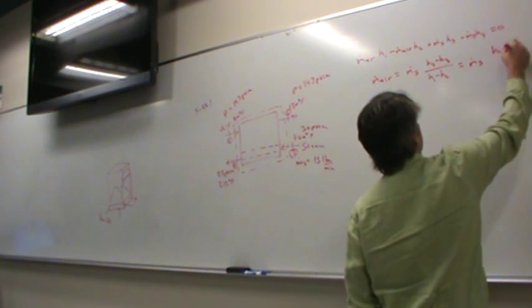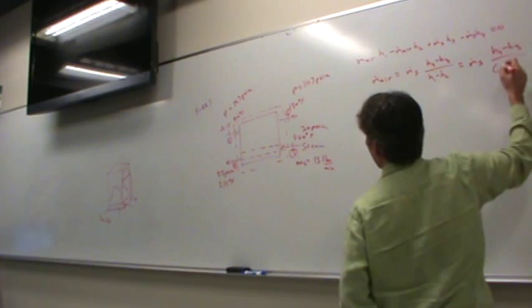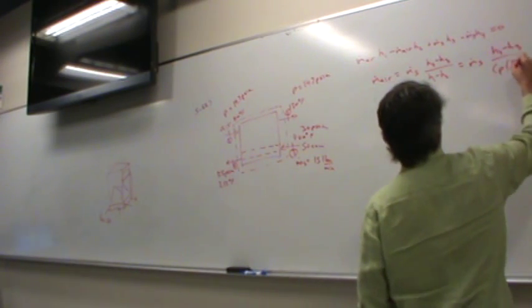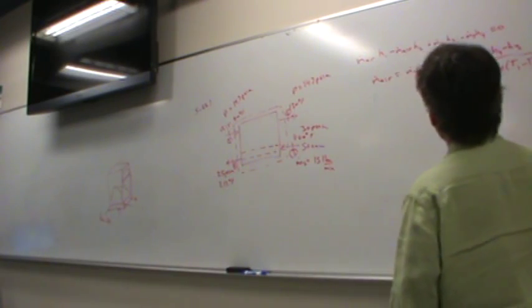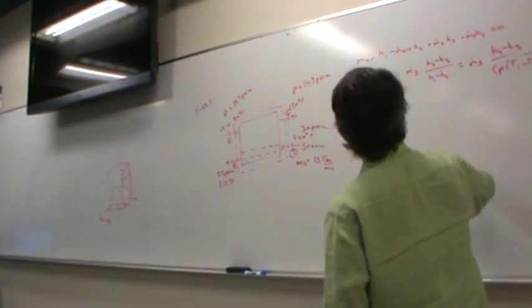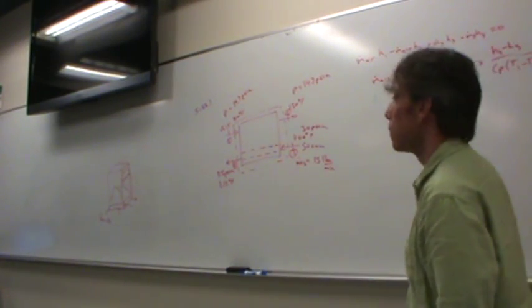H4 less H3, because 3 and 4 is steam, over CP, and we'll want T1 less T2. Why is it not T2 less T1? Okay, that's H1 less H2, so I have to do that.